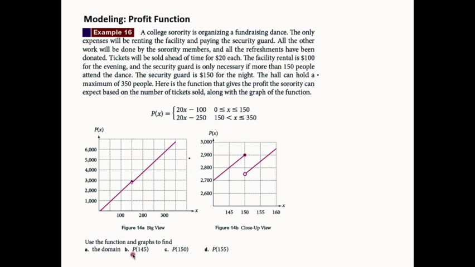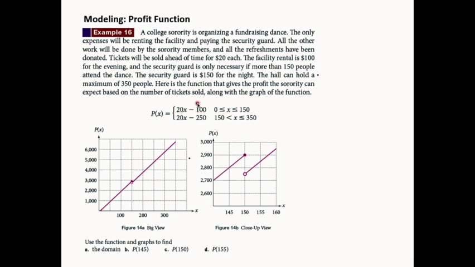Now, if we're looking for the value of P, the profit, when the number of tickets sold is 145, and we want to use our formula to find that value, then we have to make sure we're looking at the correct piece. 145 falls on this first interval, which is this piece of the graph right here.